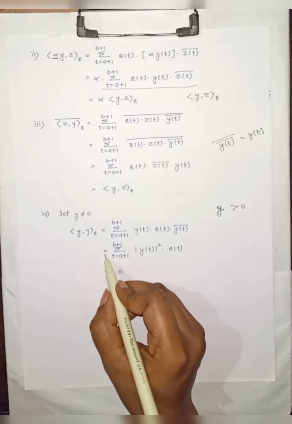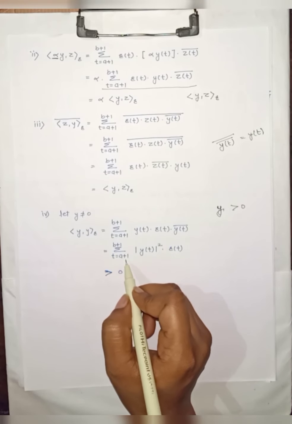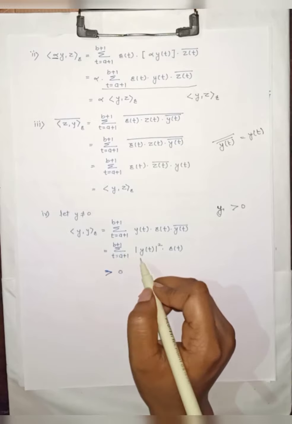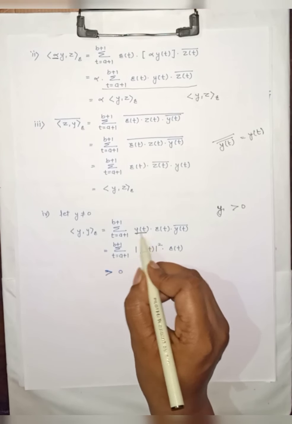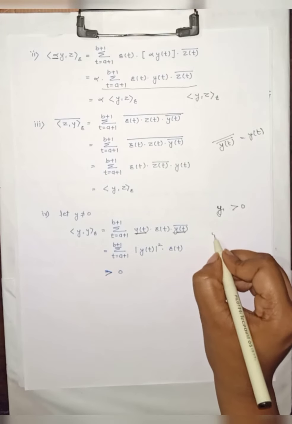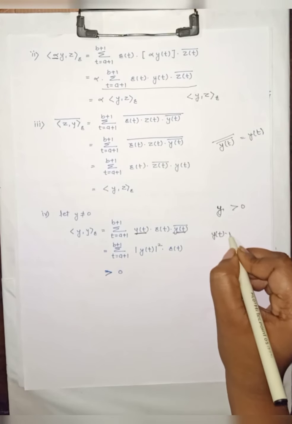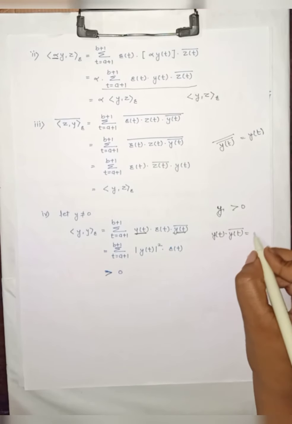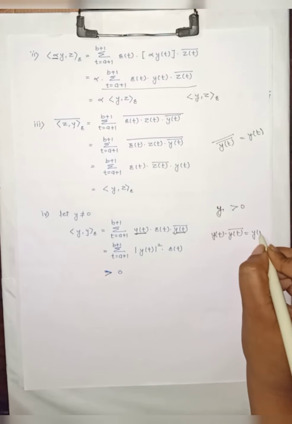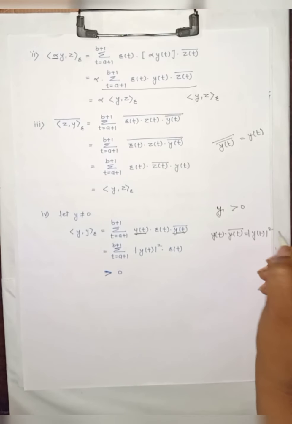Therefore it is equals to summation from t equals a plus 1 to b plus 1 of mod of y of t whole square, this and this combine and it will give us y of t mod square.